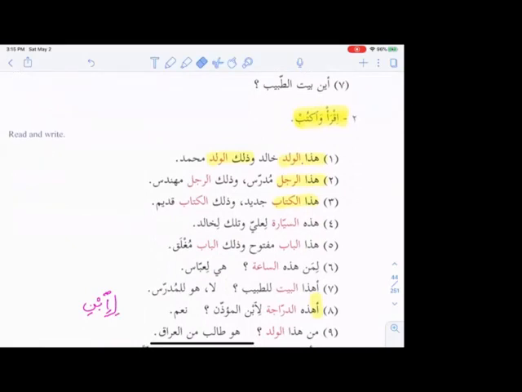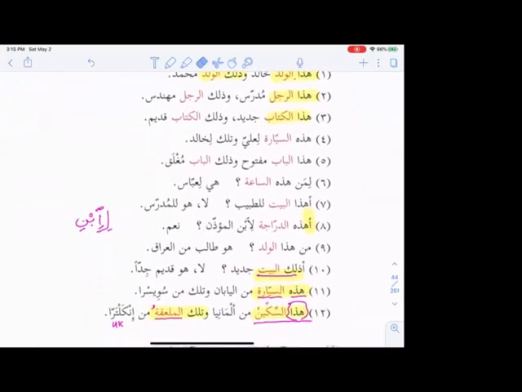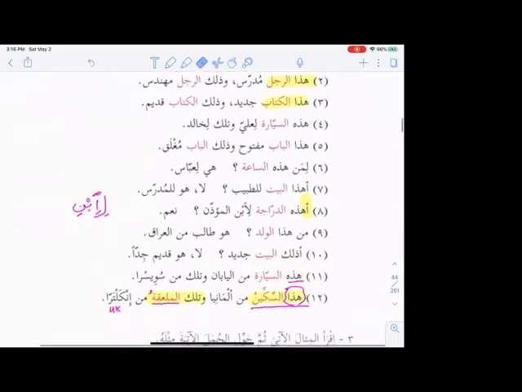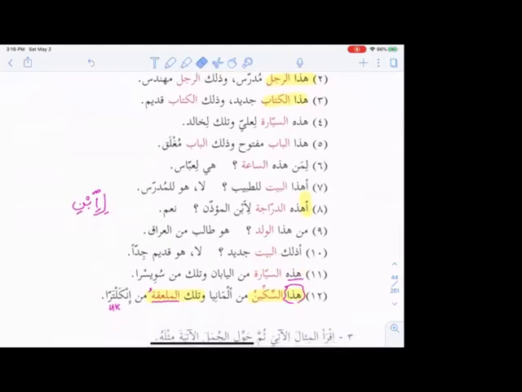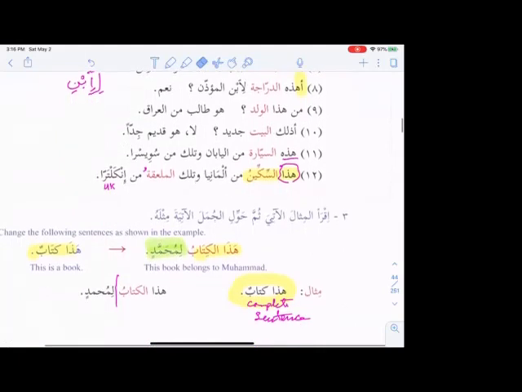All those red, they are badal. See again here. Red, badal. Badal. Badal. Badal. That makes your understanding very easy, inshallah. Follow it with what I explained you now. He did a great job, my brother and sister.